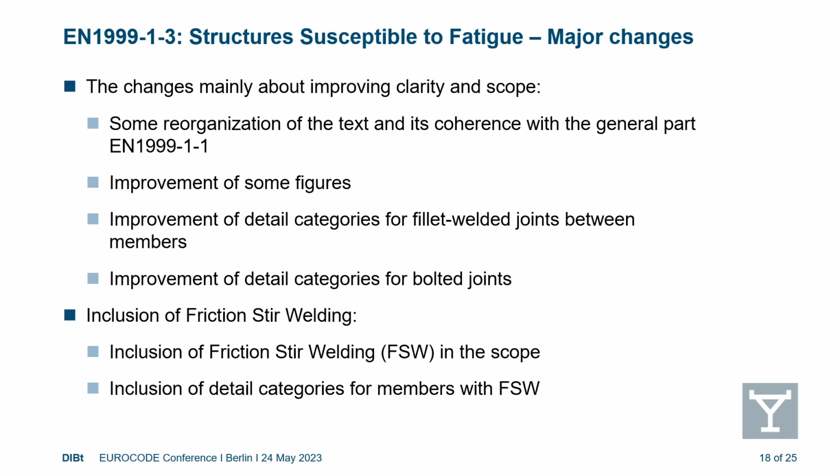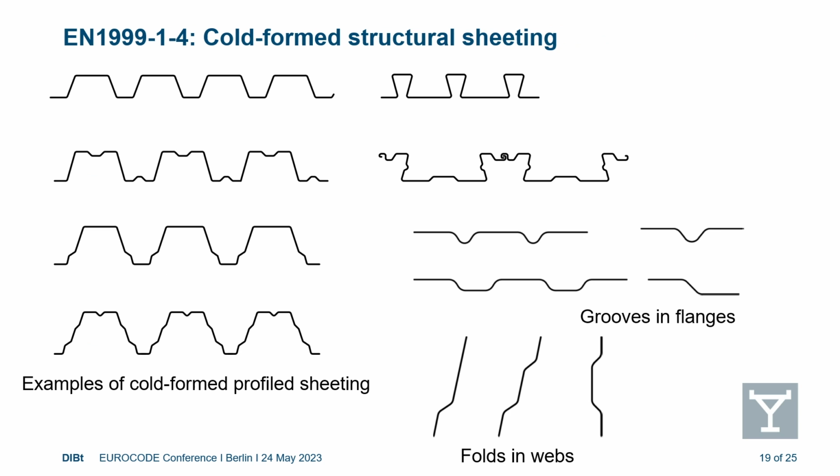Some details for fillet weld joints have been improved, much like some detail categories for bolted joints. A specific part dealing with friction stir welding has been added, because friction stir welding has been introduced in the first part, so specific details have been added also in the part dealing with fatigue.